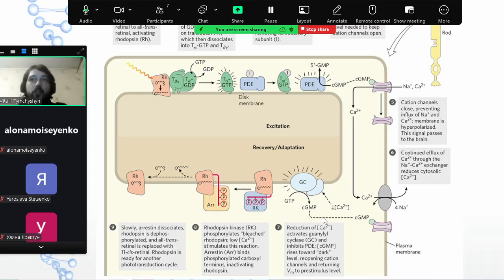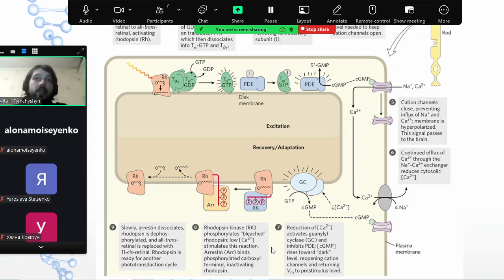This cyclic GMP will reactivate once again these channels that will reopen, and everything will return to the normal state. Of course, we should do something with the rhodopsin.